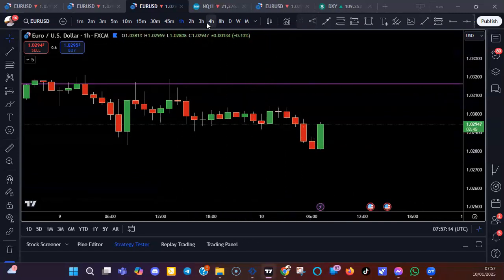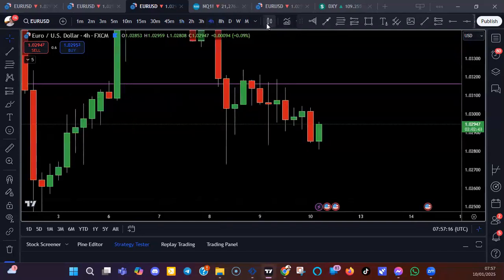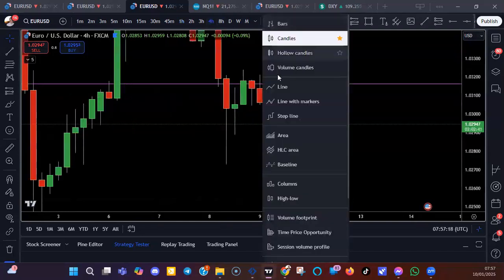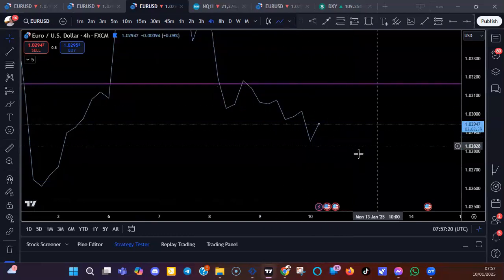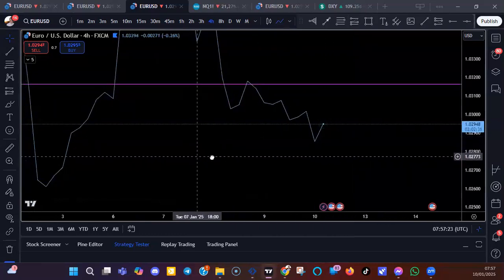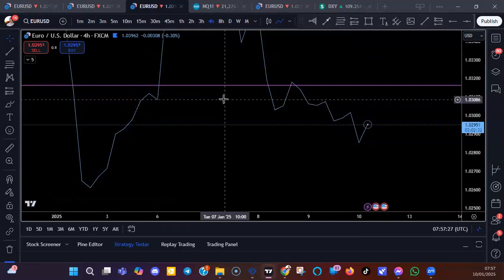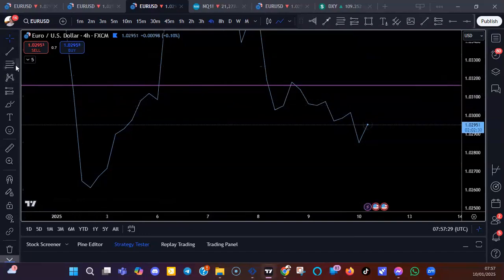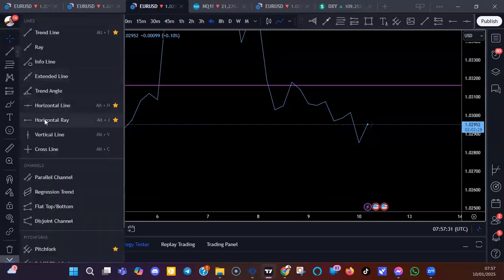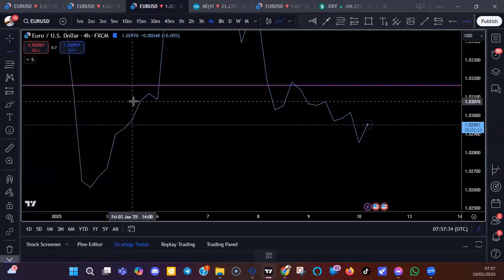Let's go on to the 4-hour, see if we can see any lines of interest. 2 or more lines will do it. There's a line there, look. So we go to horizontal line.